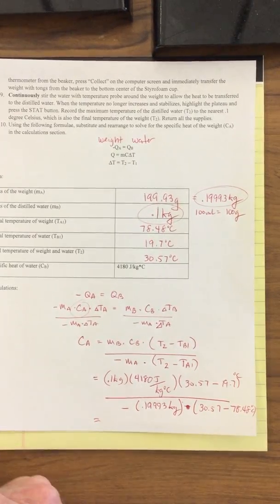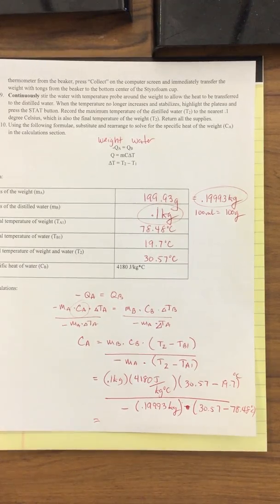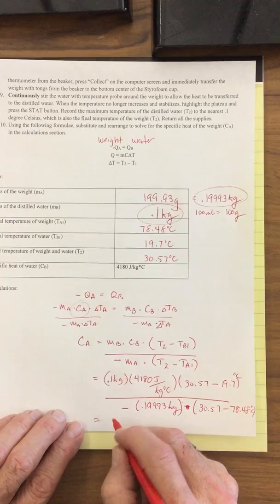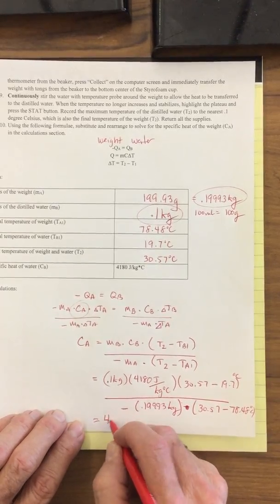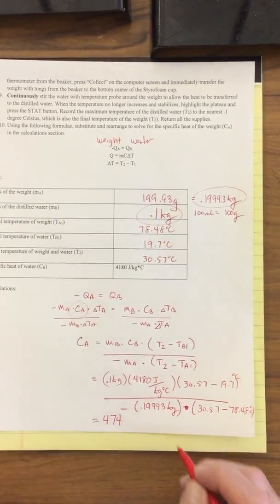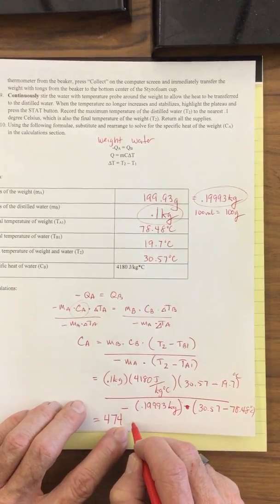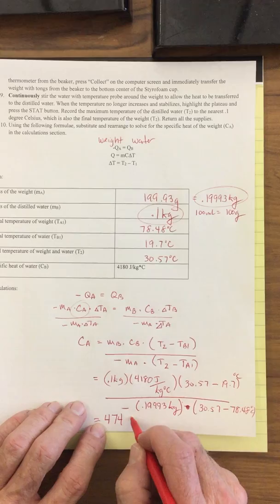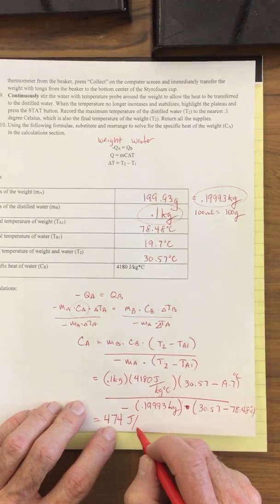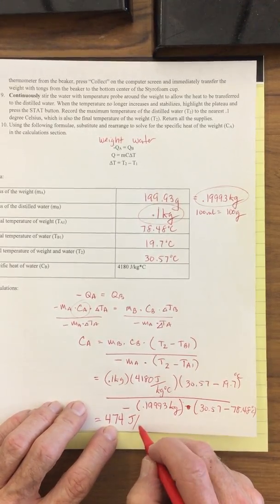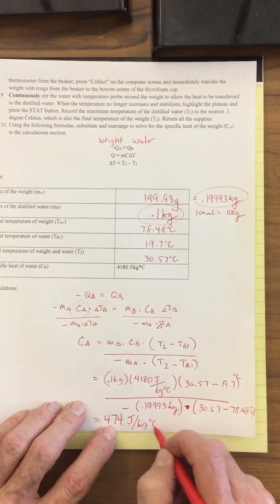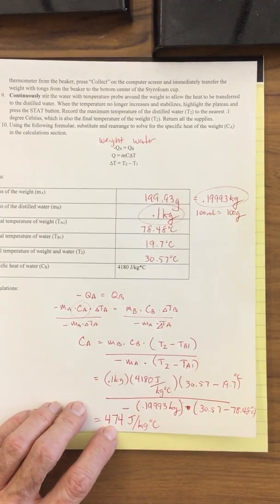You can pause and come back. After plugging that into my calculator, I get 474. And the specific heat can be measured in joules per kilogram degrees Celsius.